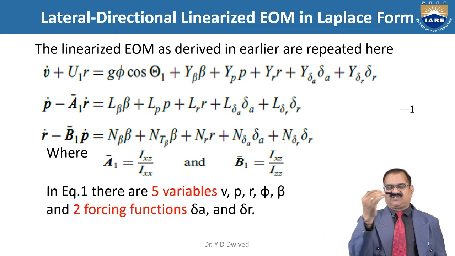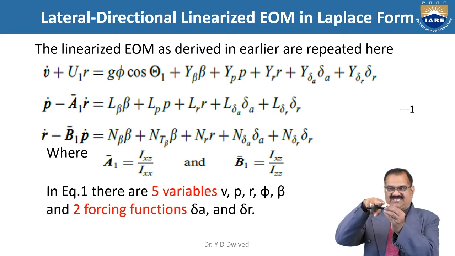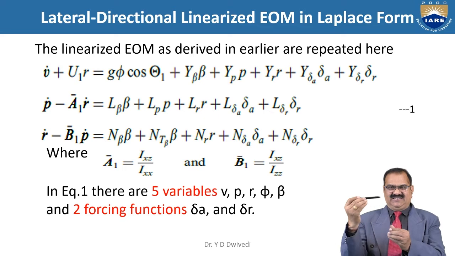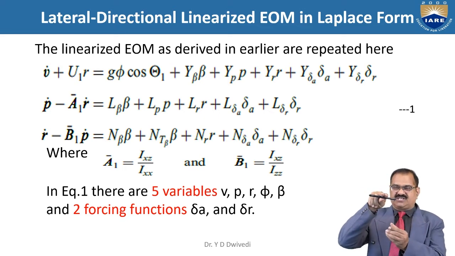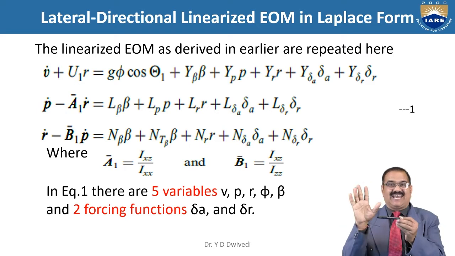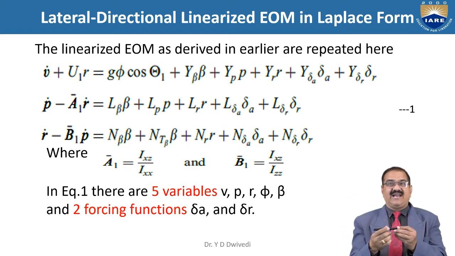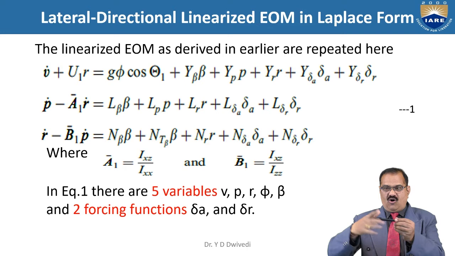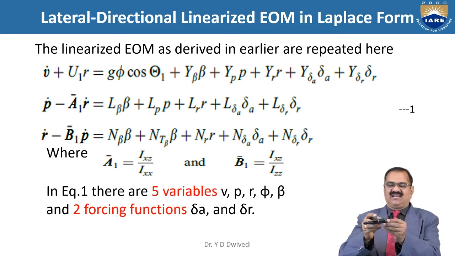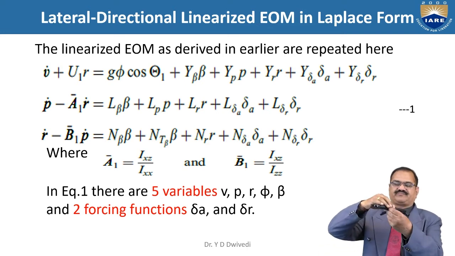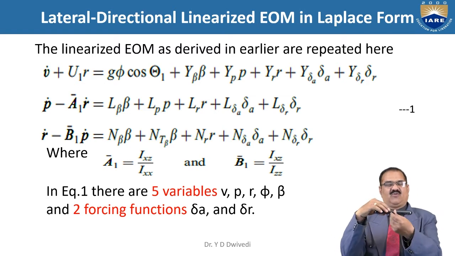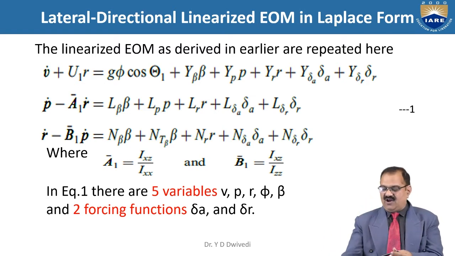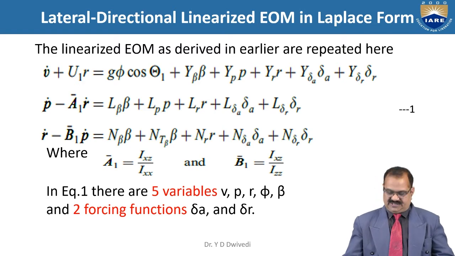If it is moving in this way, this side is y, this side is z, and this side is x. So only one force, a side force, will act in the sidewise direction, and two moments: the rolling moment and the yawing moment. In this we have these three motions.